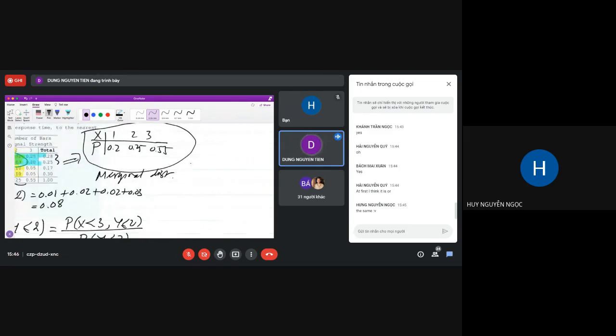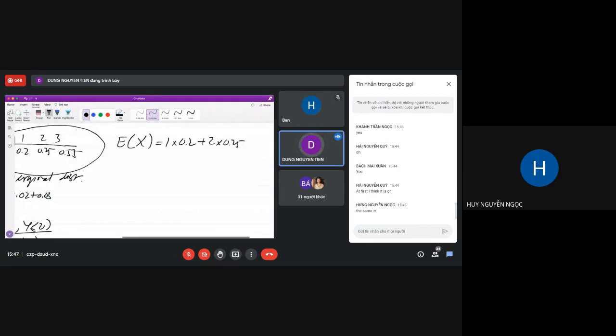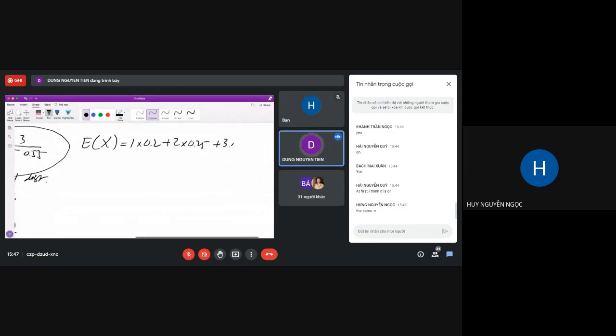All right, you can definitely find the mean of x and the variance of x. The mean of x is simply 1 times 0.2 plus 2 times 0.25 plus 3 times 0.55. And in order to find the variance of x, you need to find the second moment. You get 1 squared times 0.2 plus 2 squared times 0.25 plus 3 squared times 0.55.